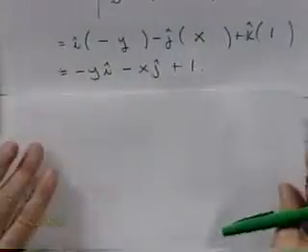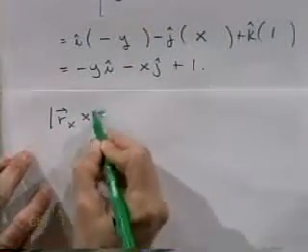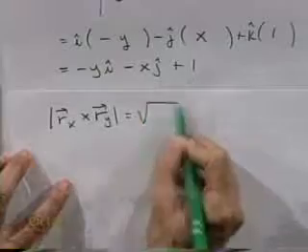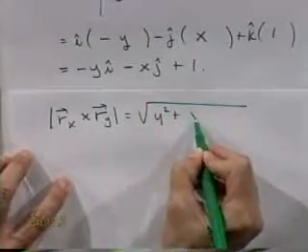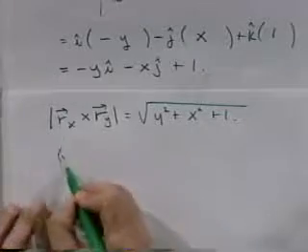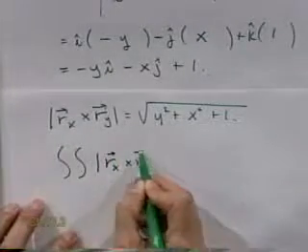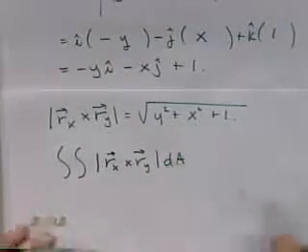So what is the magnitude of r_x cross r_y? It's going to be the square root of y squared plus x squared plus 1. Now we're integrating the magnitude of r_x cross r_y dA.